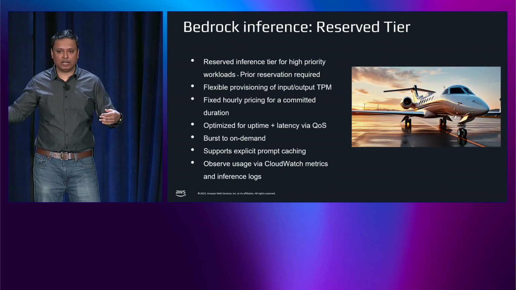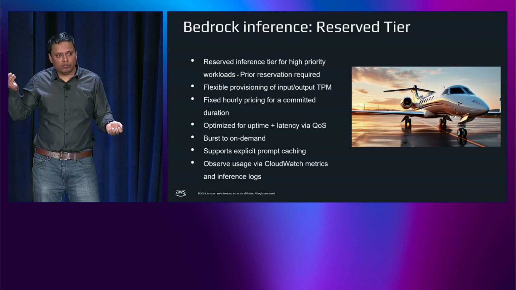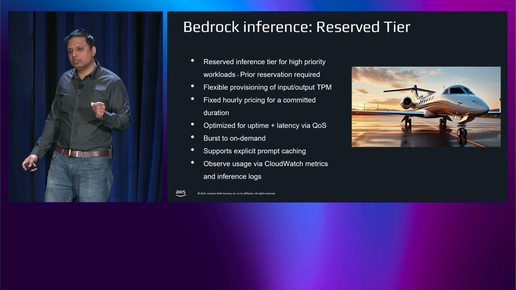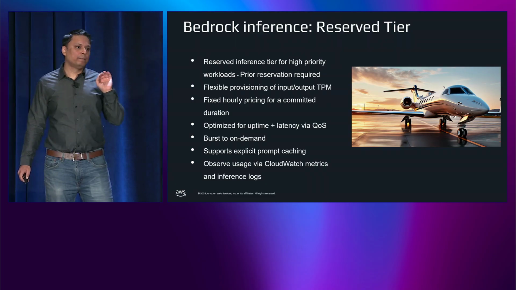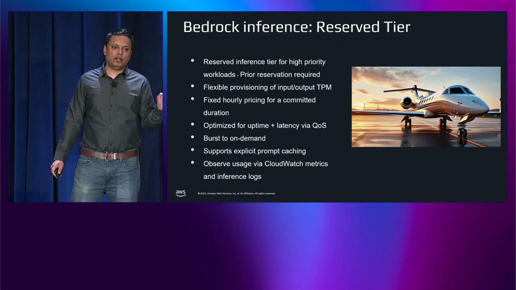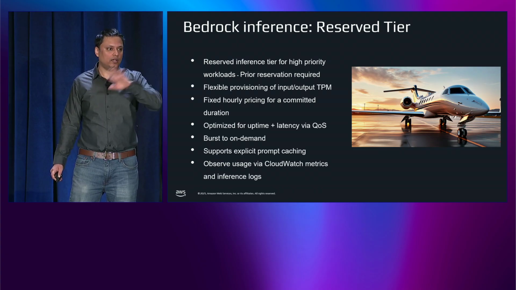How many were served with standard tier? And based on that, do I need to balance my reservation? Do I need to reduce it? Do I need to increase it? All of that information is available to you in CloudWatch Metrics, where you can actually see the tier you requested at the time of making the Bedrock request, and the actual tier the request was served with at the end.